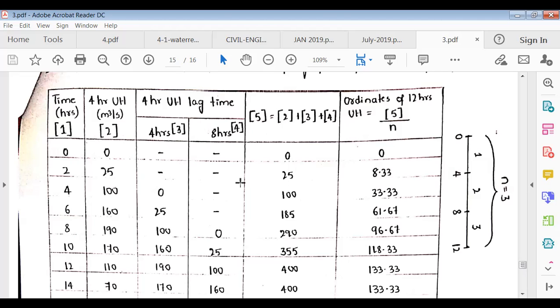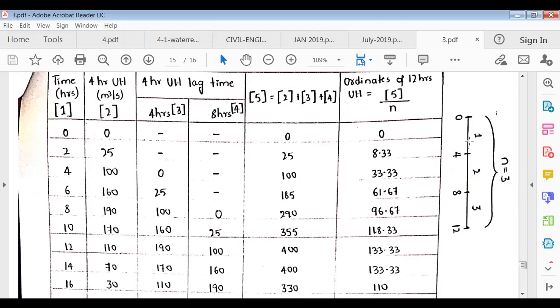But if you want to find the unit hydrograph, the ordinates of the 12-hour unit hydrograph is given by this column, that is fifth column, divided by n. Now n is nothing but, you can see here, it is the lag from first 0 to 4 is first lag, then 4 to 8 is the second lag, and 8 to 12 is the third lag.